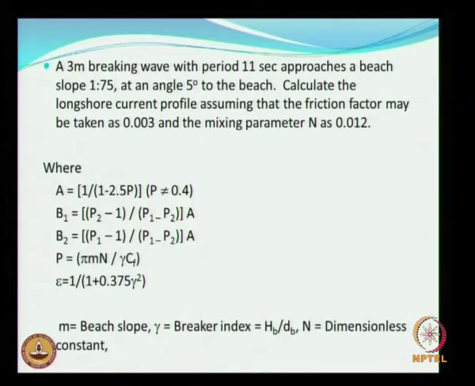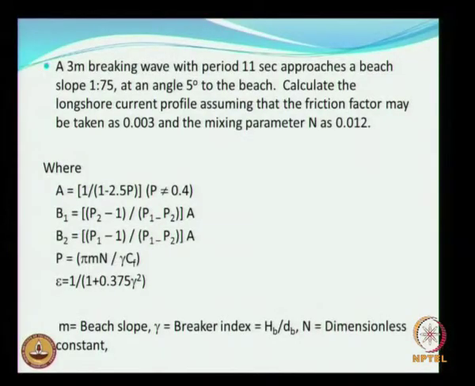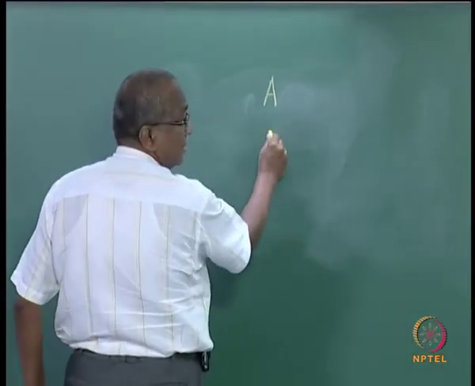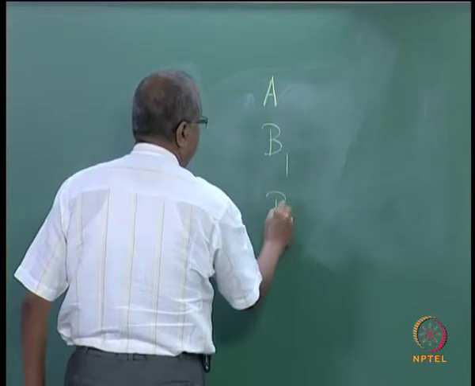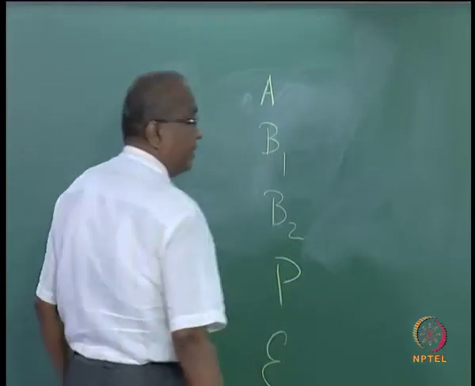These are some of the formulas which we need to have. So we have the parameter A, then B1, B2, capital P and this one.